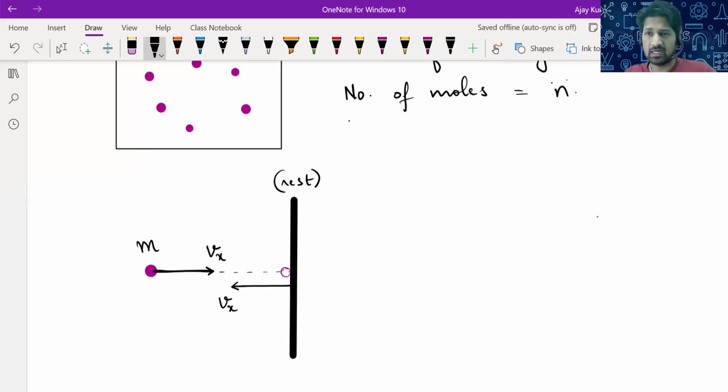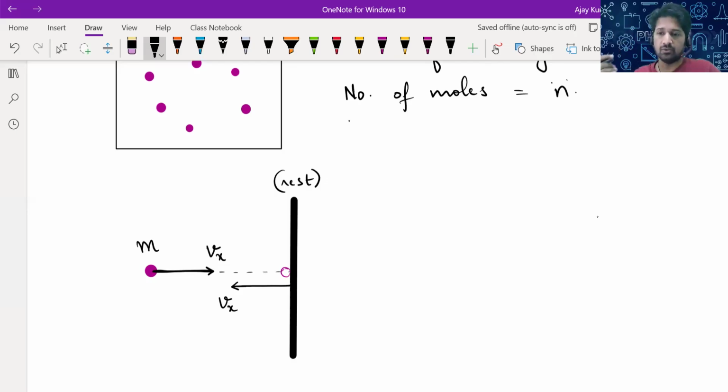Now, our aim is to derive a relation between speed and pressure. Pressure is force per unit area. So, if you can first relate speed and force, then you can relate speed and pressure. How to relate speed and force? Force is rate of change of momentum. F is equal to dp by dt or delta p by delta t. Change in velocity can be related to change in momentum.